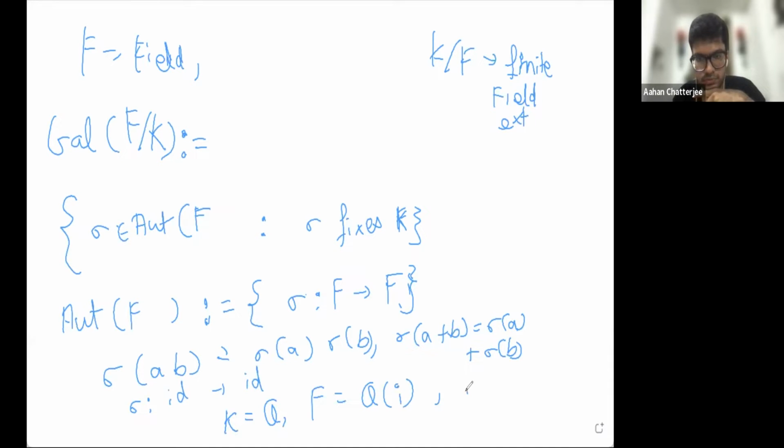The only automorphisms will be the one which sends i to i and 1 to 1, and the automorphism that sends i to minus i and 1 to 1. Does everybody see why the second automorphism also preserves Q?